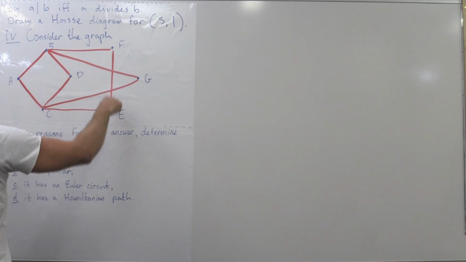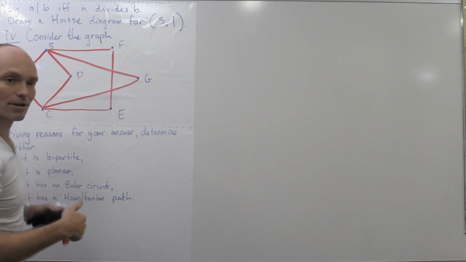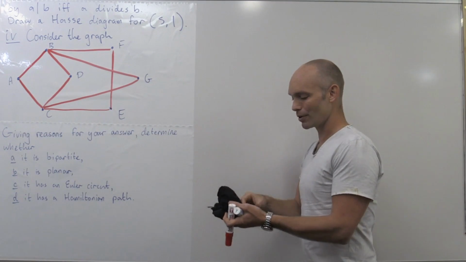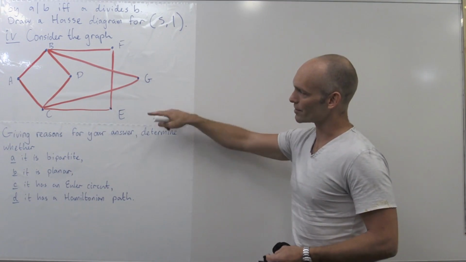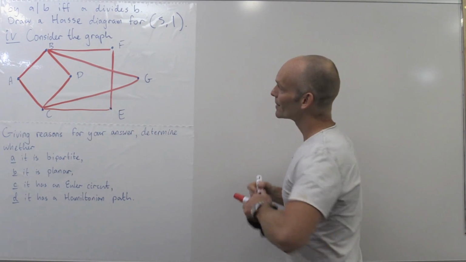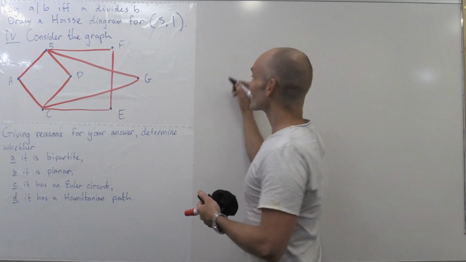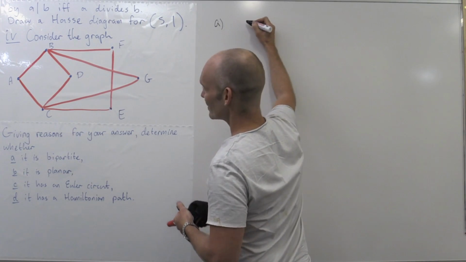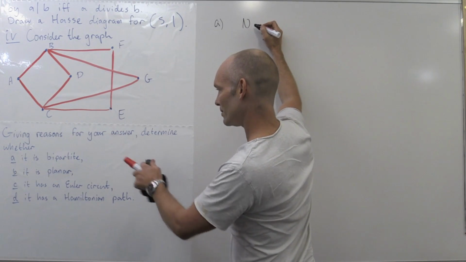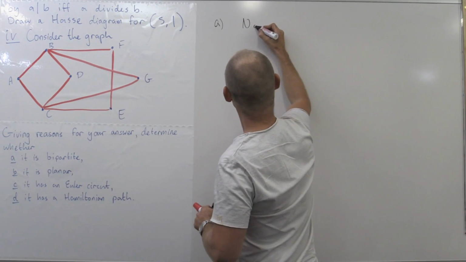So A, B, F, E, C, A. That's a cycle of length 5. So if you wanted to draw this graph in a bipartite way, you'd also be drawing that cycle in a bipartite way, but you can't because it's got odd length. So that's the first answer. So A, is it bipartite? No. Give reasons, is it bipartite? No.